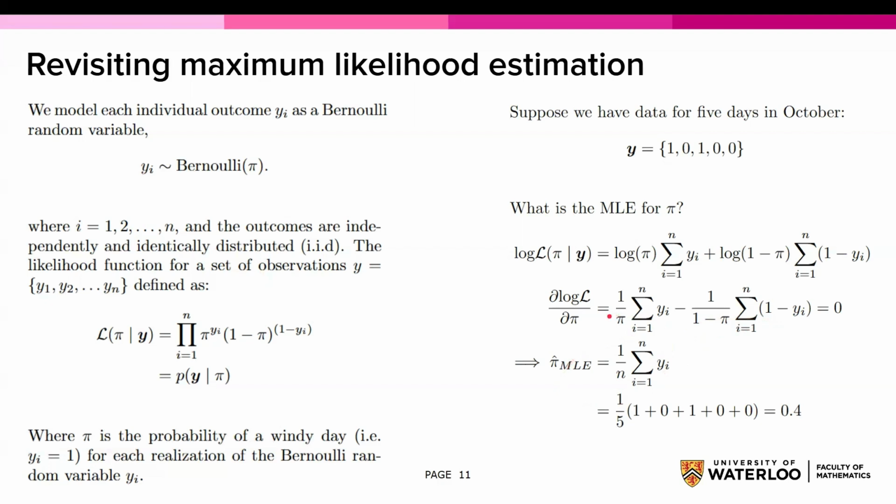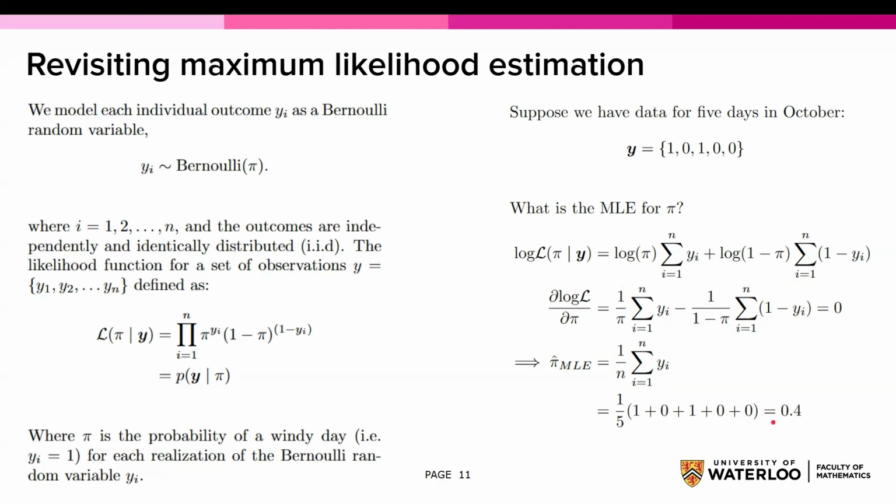So rearranging this equation here, we can find that the final estimate for pi is just the average of the observations, yi. And this makes intuitive sense because it's simply the proportion of the days in our sample that were windy. And for this particular data set, that proportion is 0.4.